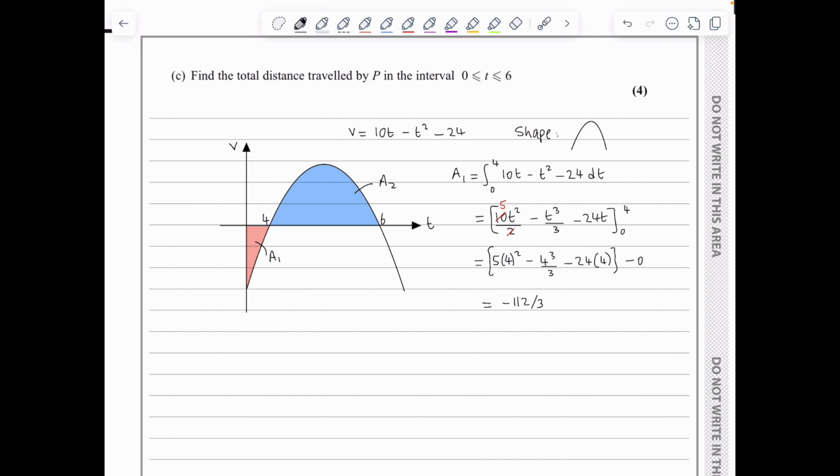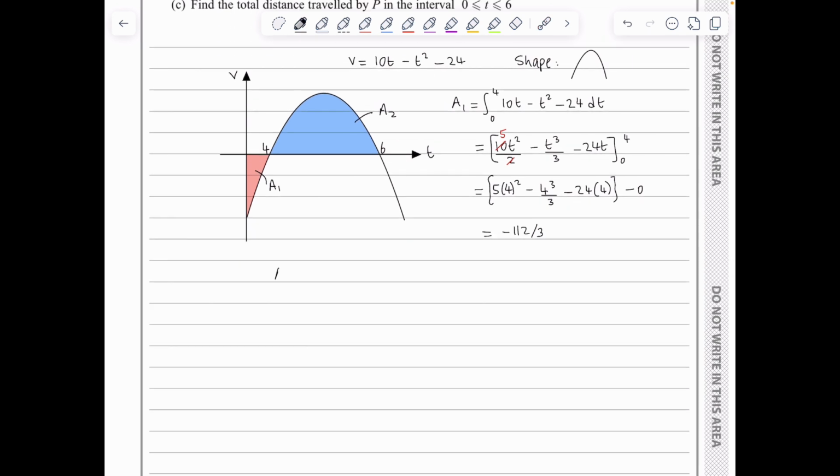And then we can proceed with A2. So again, we are integrating from 4 now up to 6, the 10t minus t squared minus 24 dt, which is equal to the 5t squared minus t cubed over 3 minus 24t. The limits are now 4 and 6.